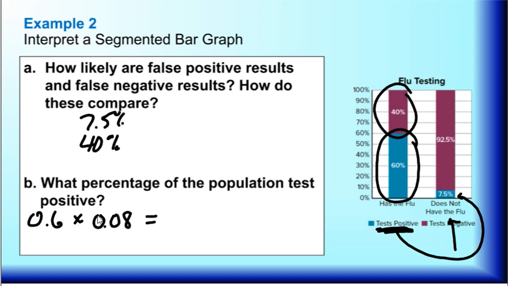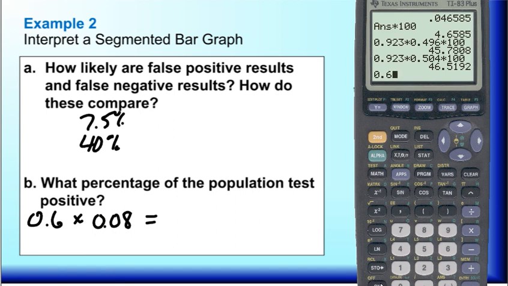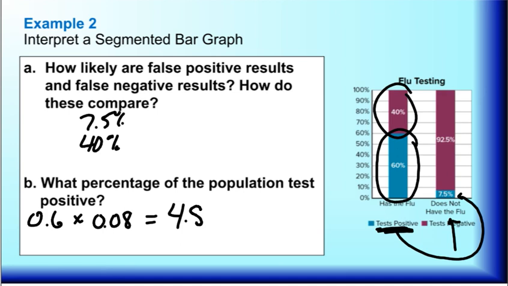So if I take 0.6 times 0.08 and then multiply that by 100, we should get 4.8. So 4.8% have the flu and were tested positive.